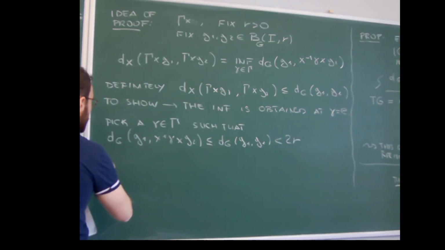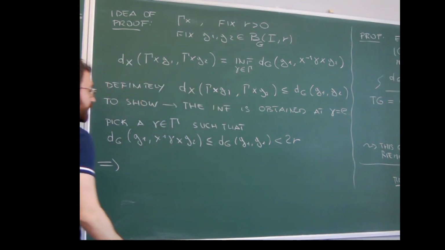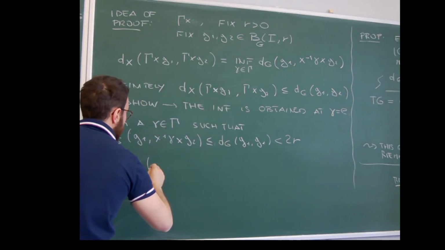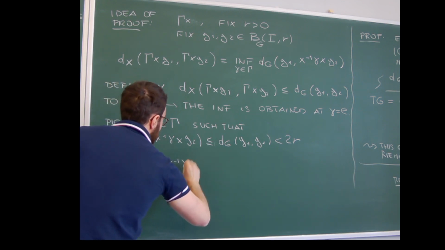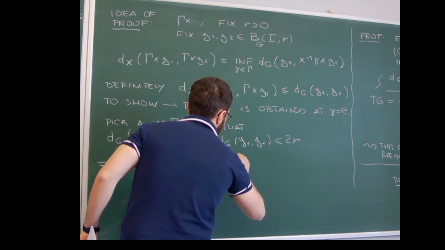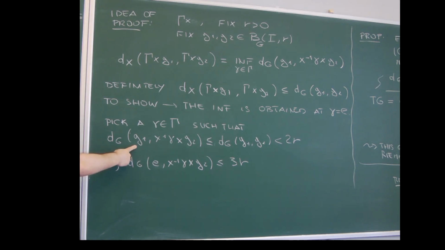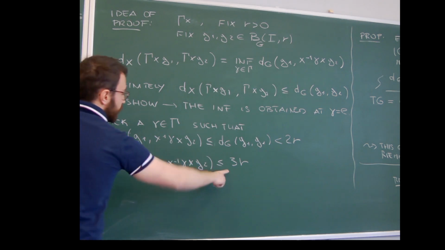Then this means, since I know that g1 is at a distance at most r from the identity, that also dg from the identity of x to the minus 1 gamma x g2 is less than 3r, by the triangle inequality. Here I have g1, but g1 is close to the identity, at most r from the identity. So I can put the identity here and put the 3r here, right?